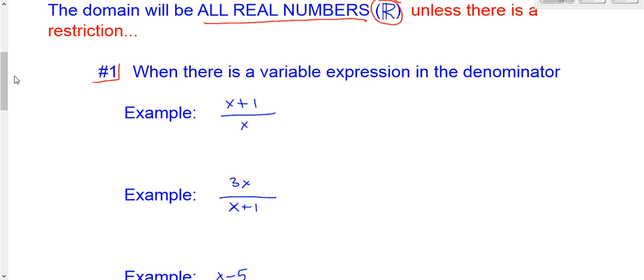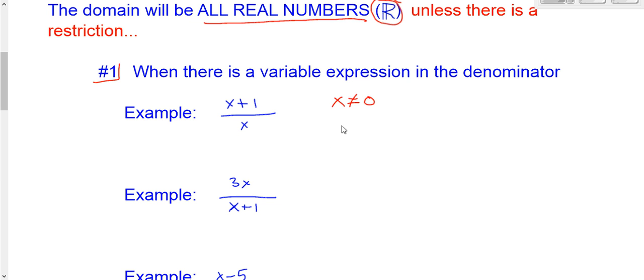The reason being that you cannot have 0 in the denominator of a fraction, otherwise your fraction would be undefined. So whatever the variable expression is, we know that that variable or that variable expression cannot equal 0.